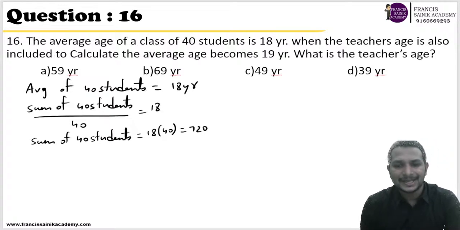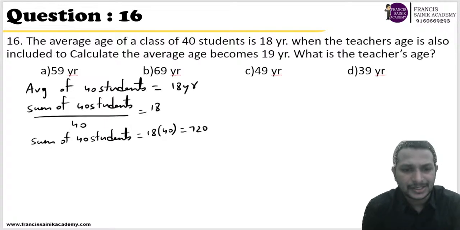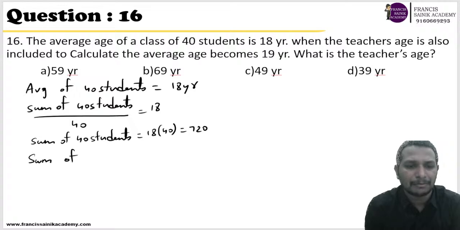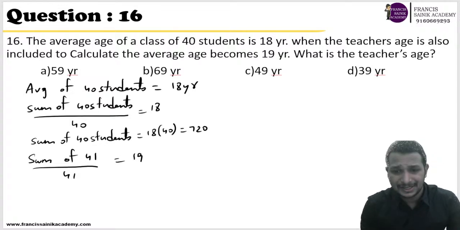When the teacher's age is included, the average changes to 19 years. That will be average of 41, right? Average of 41 means sum of 41 by 41 equals 19. But sum of 41 means there are 40 students and one teacher.